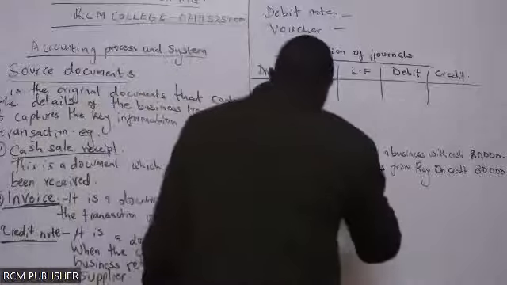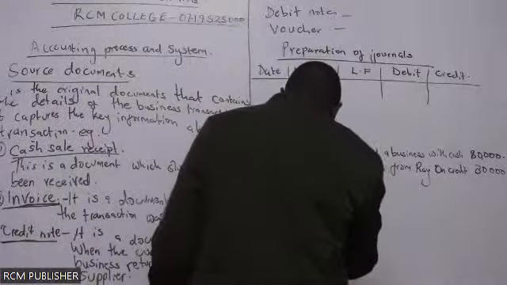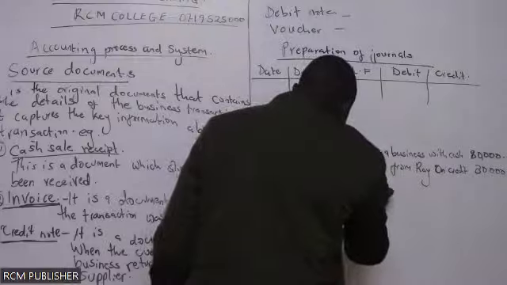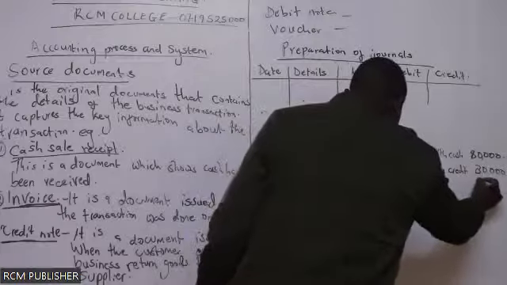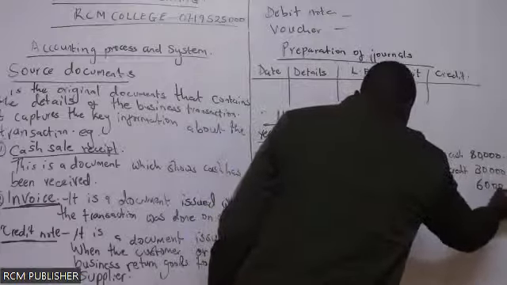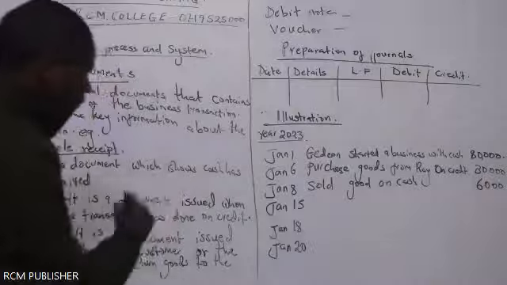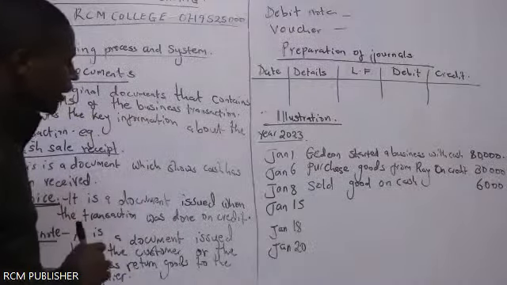What happened on Jan 8? On Jan 8, sold goods for cash. Gideon ameuza goods on cash, 6,000. Then what happened on January 15?